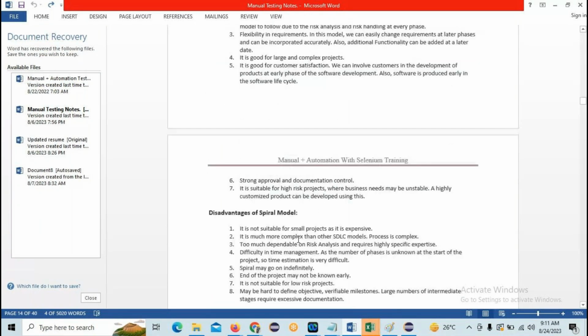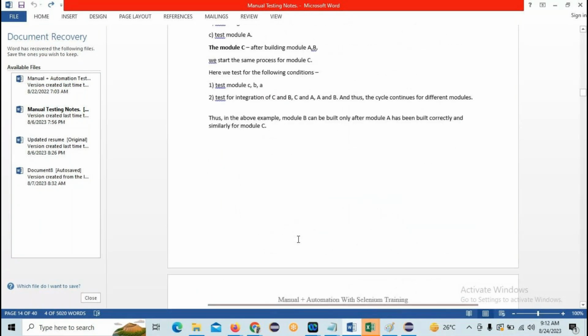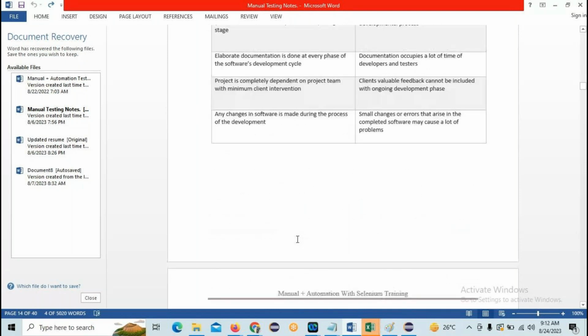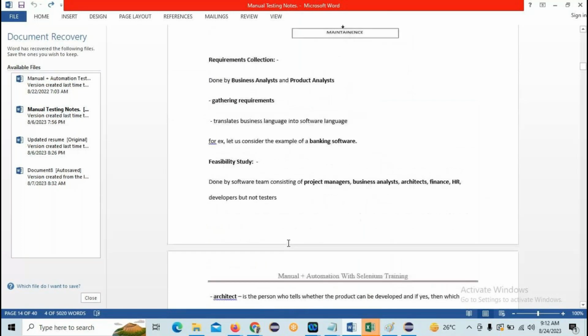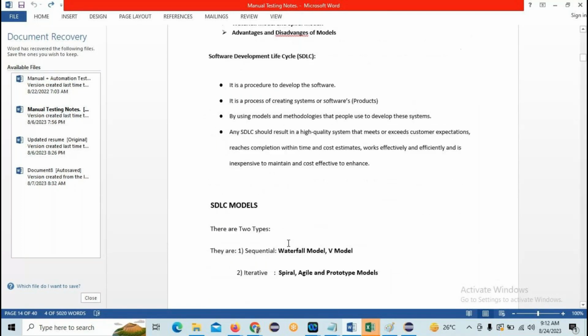Day before yesterday, we discussed SDLC models, the sequential model and the iterative model. In the sequential model, there is the waterfall model.